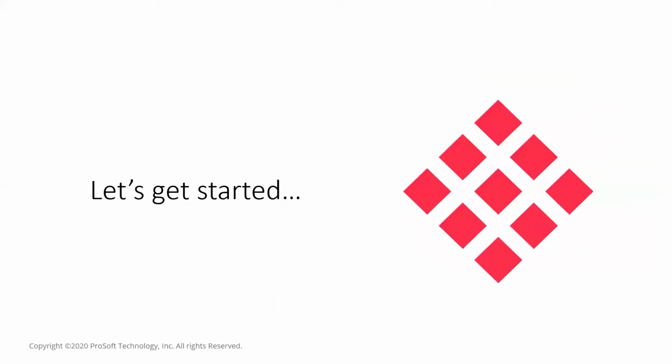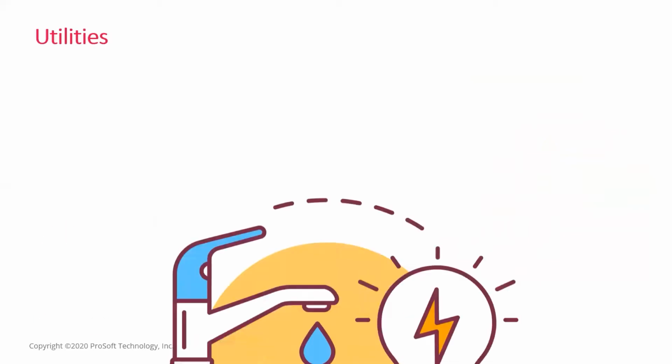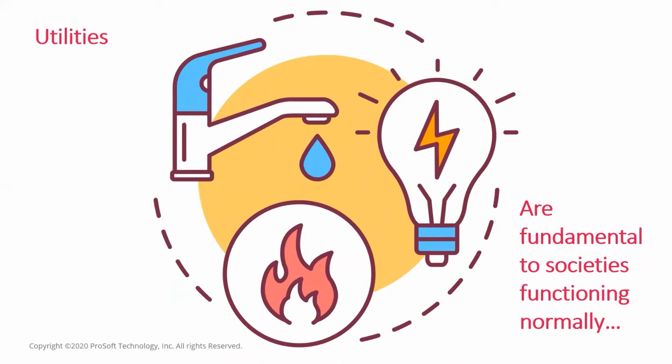So let's get started, and I'd like to get started with this slide. What we are talking about today, critical infrastructure and missing data from remote sites, really applies to utilities. If you take the plant floor, a machine, a factory, most of your assets are generally connected.